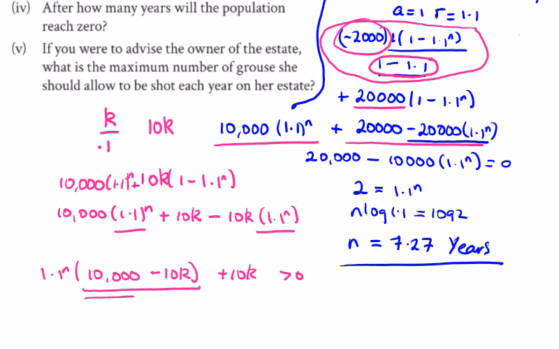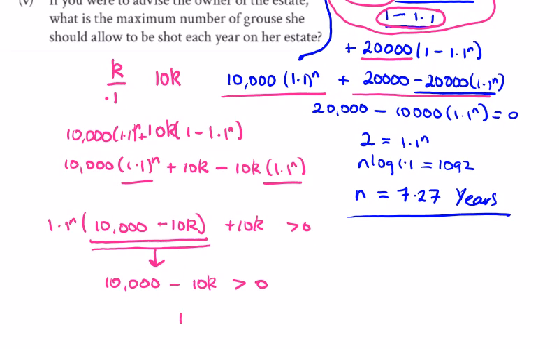If this becomes negative, we'll end up with a negative population, which we can't have, so this needs to be greater than 0 to maintain a population. So 10,000 minus 10K would have to be greater than or equal to 0, so K would have to be less than or equal to 1,000 to maintain a positive herd of grouse.